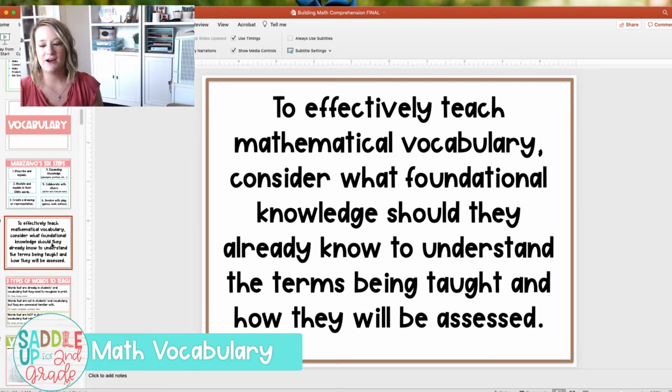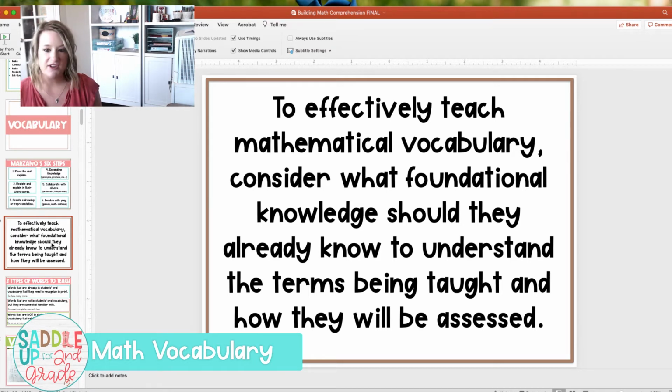Okay, so I love this quote. I'm not going to read the full thing out loud, but I think that as teachers, we should know that it is so important, whenever you're introducing vocabulary, whether it be a new term or maybe a term that they've previously heard, to think about what they already know.